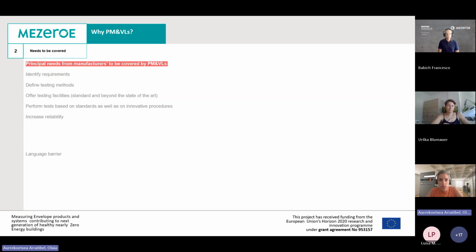So why did we set up these pilot measurement and verification lines? At the beginning of the HG project, we analyzed this path from the idea moment of an innovative product to reaching the market. We analyzed which were the needs that manufacturers, mainly small and medium enterprises, had to reach the market.